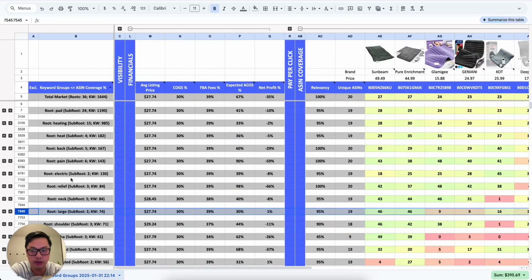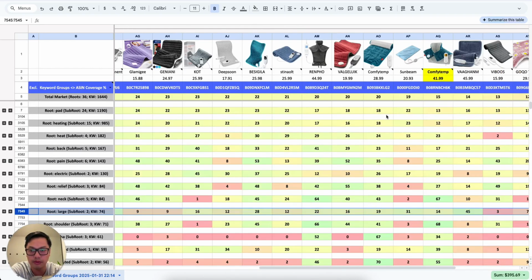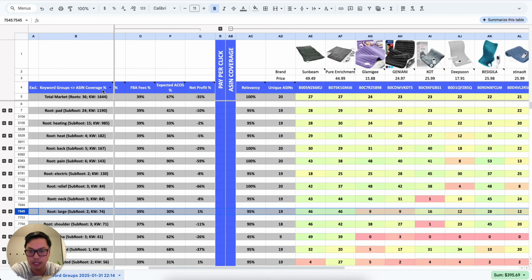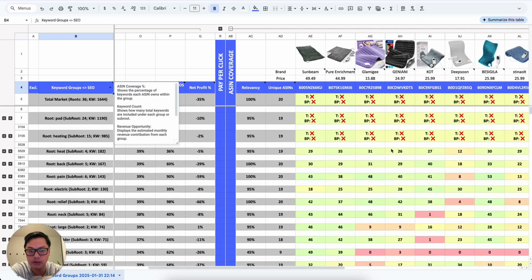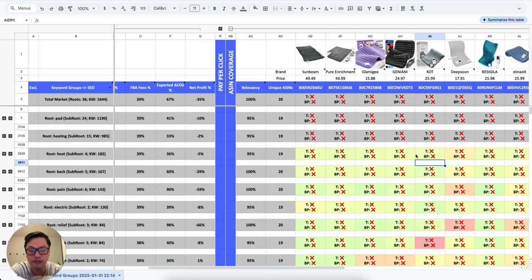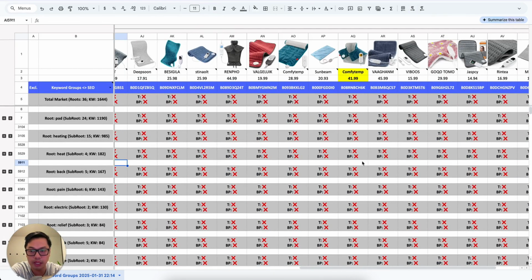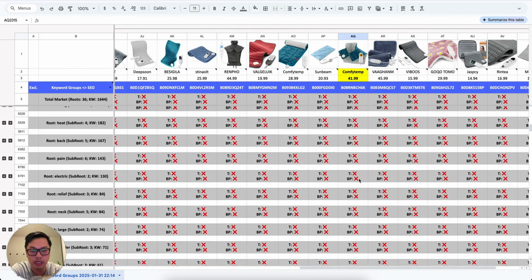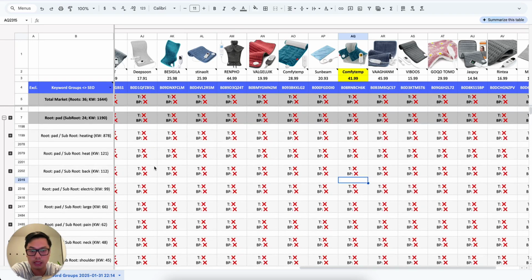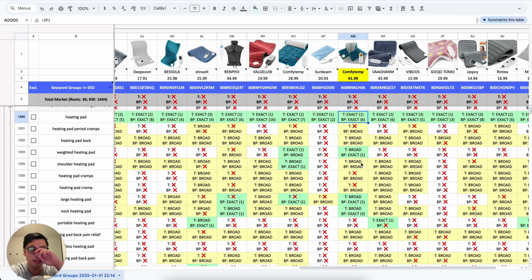So again, you can get really, really deep with this. The things you can do within this tool, outside of the obvious data points here, is we can start to look at the SEO side of things. So let's just say you've identified many of these routes that you might be doing well in. I have a function in here that looks at the existence of these specific keywords in the title and bullet points.